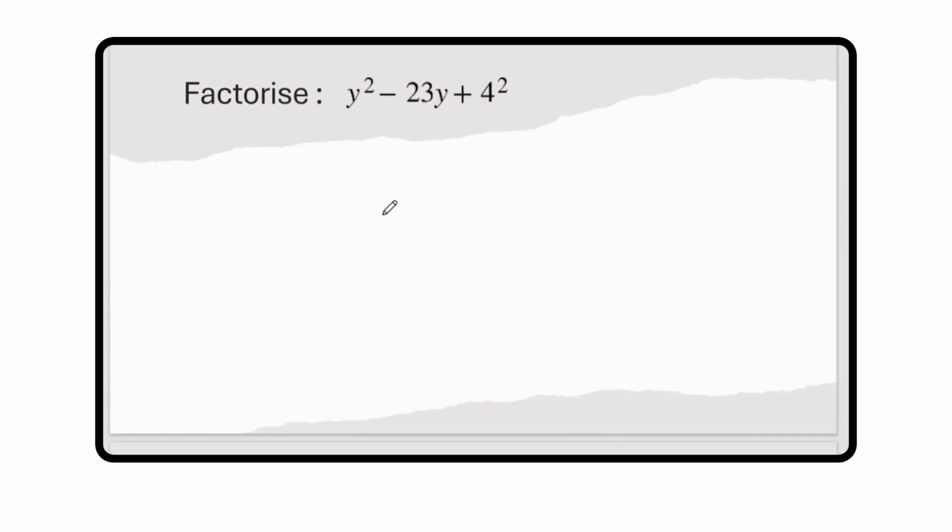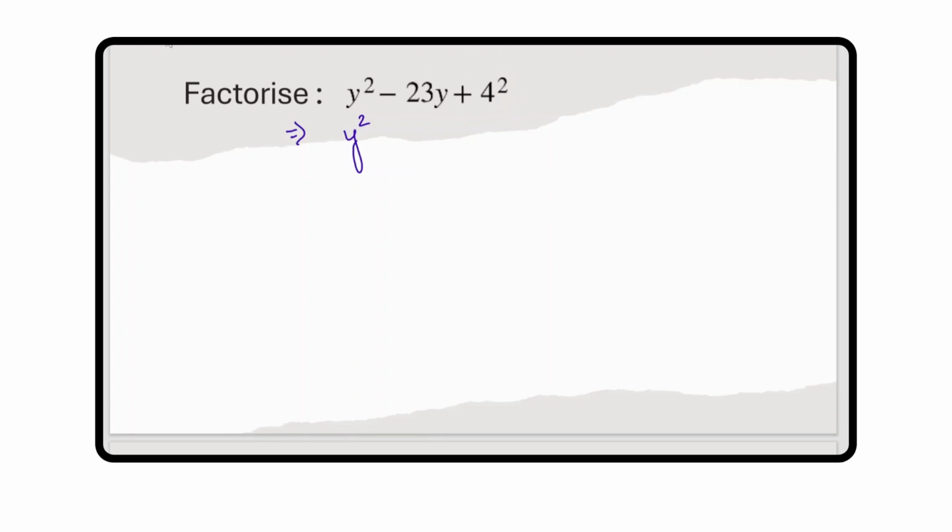y square minus 23y plus 4 square, that is 16. So first I will write it as y square. I think by mistake a 2 is written here. So the correct question is y square minus 23y plus 4... no, it is 16 here because we can't split 4 into 20.